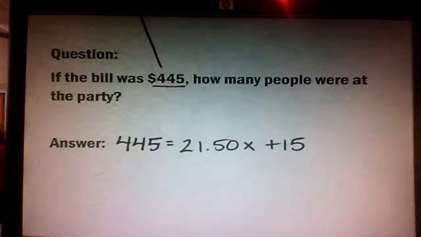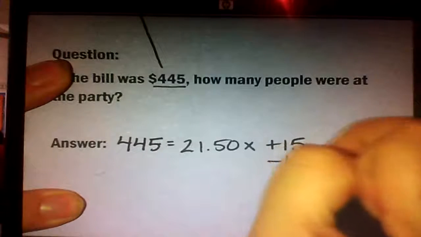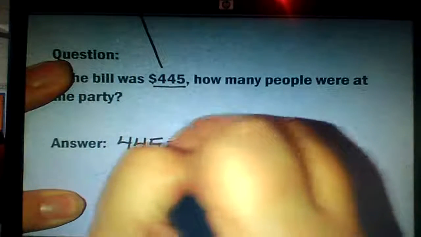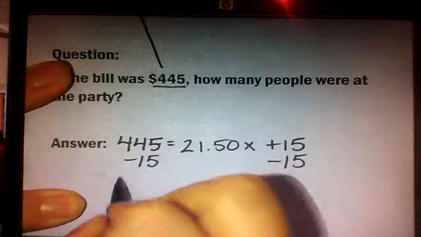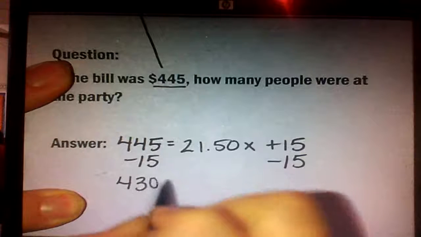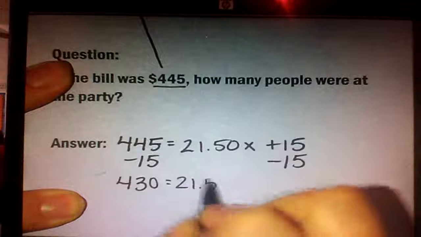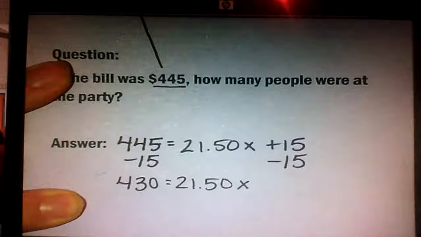Okay, so I need to figure out how many people I have that cause me to have $445 in fees. So, what do I need to get rid of first to get x by itself? Subtract the 15. So $430 equals 21.50x.